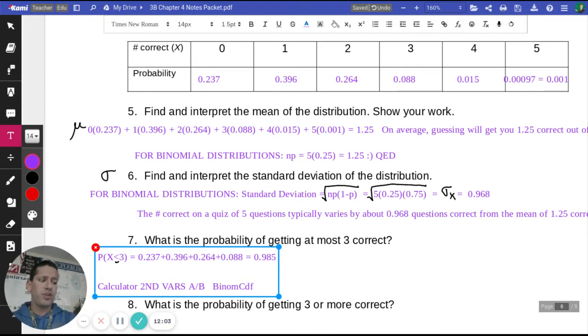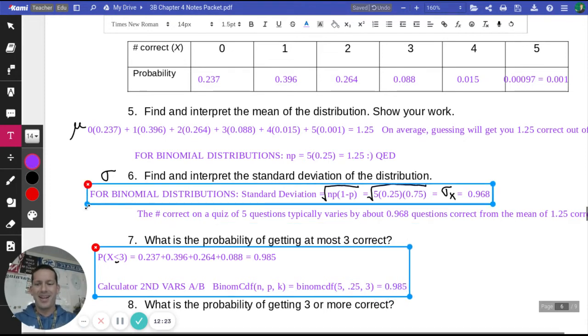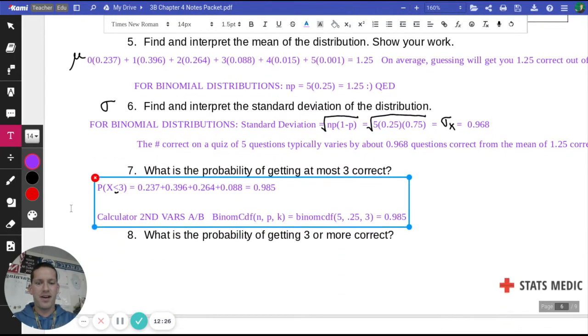C is for cumulative: 0, 1, 2, 3. Cumulative. We're going to put inputs n, p, and then how many we want to get up to correct, that's k. So in this case, we'll have binomial CDF 5, .25, and 3, and we'll get hopefully approximately 0.985.